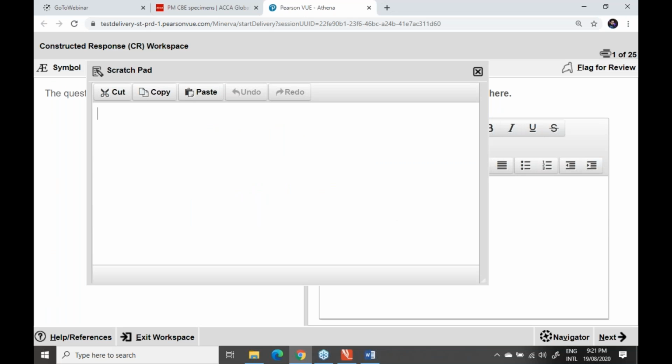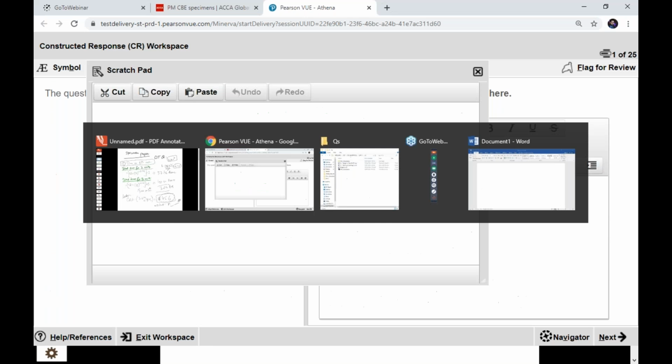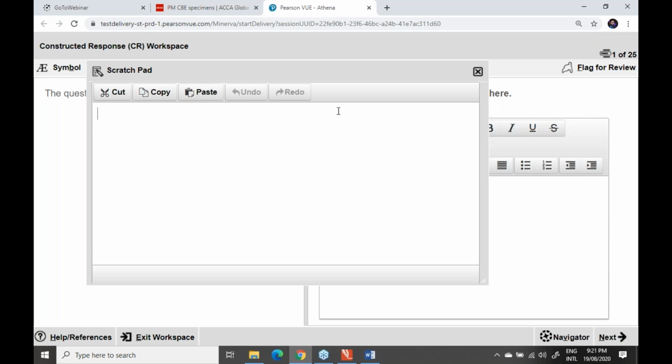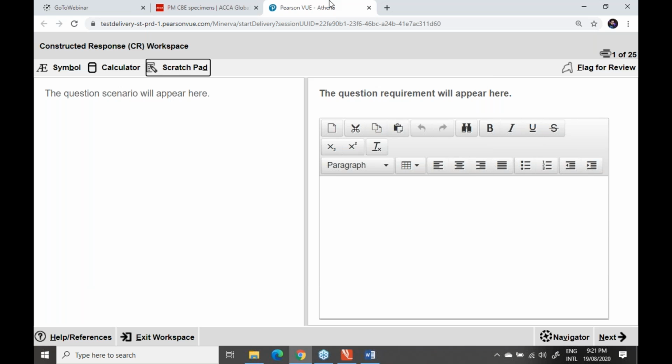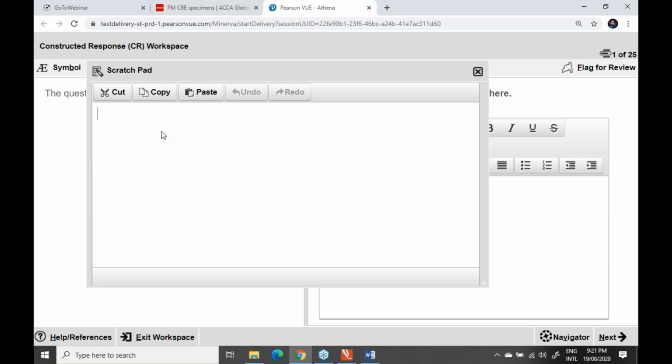So what you are supposed to do, whatever I wrote here, I'm just giving you a demonstration of using the scratch pad, because most of the students are concerned. Now listen, all of you. I am using this scratch pad to solve this question.